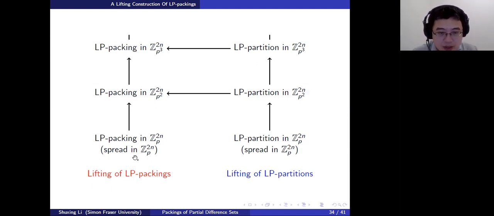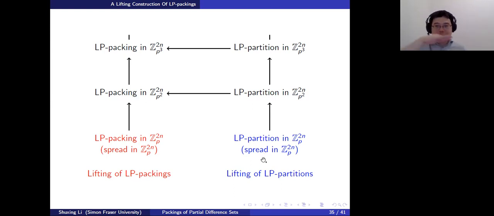Right here, we have two vertical lines. On the left-hand side is the lifting process of LP packings. On the right-hand side is the lifting process of LP partitions. So step one, we are able to construct LP packing and LP partition in elementary abelian groups, and we can do so by modifying our very nice spread in those groups.